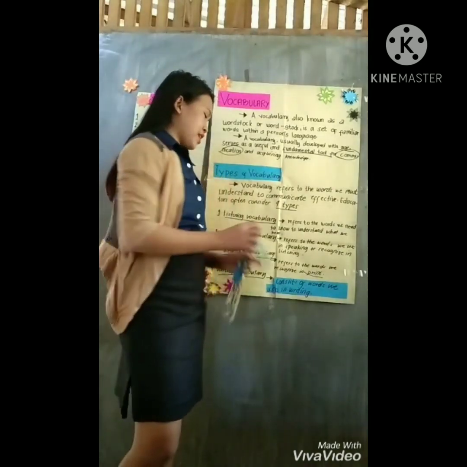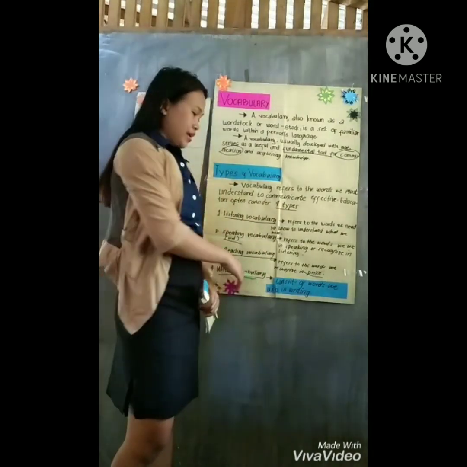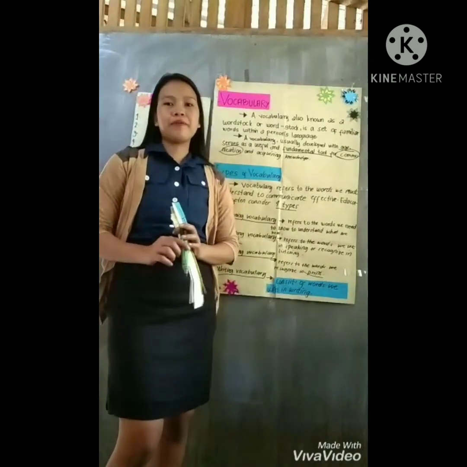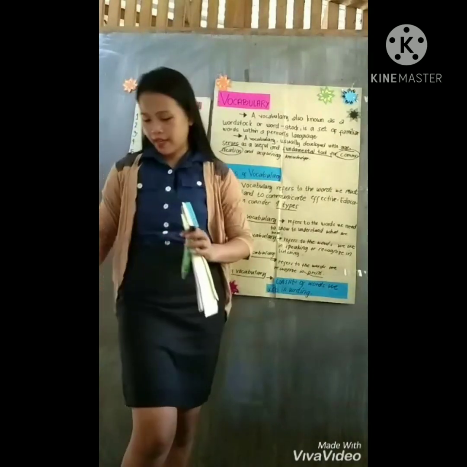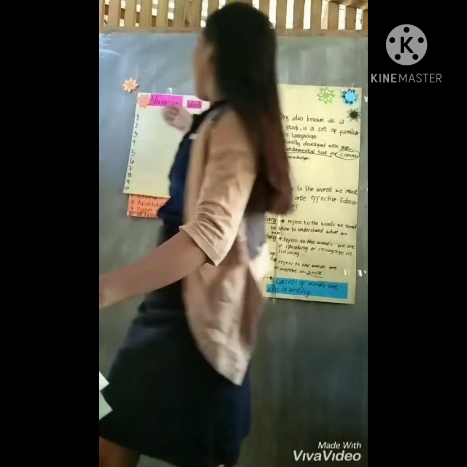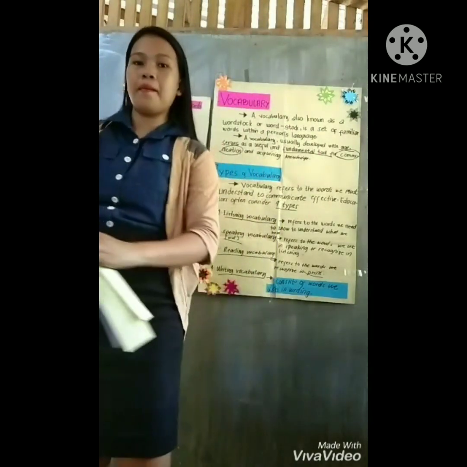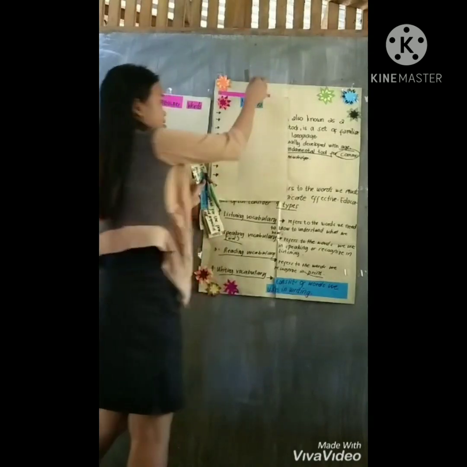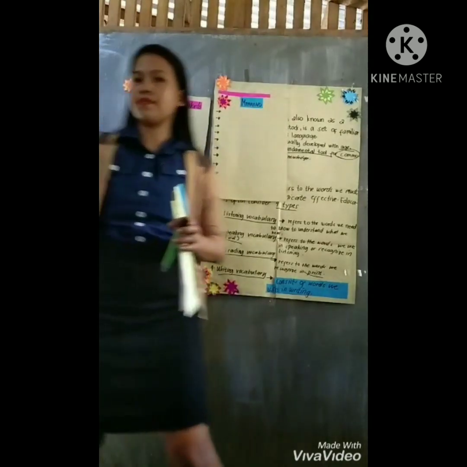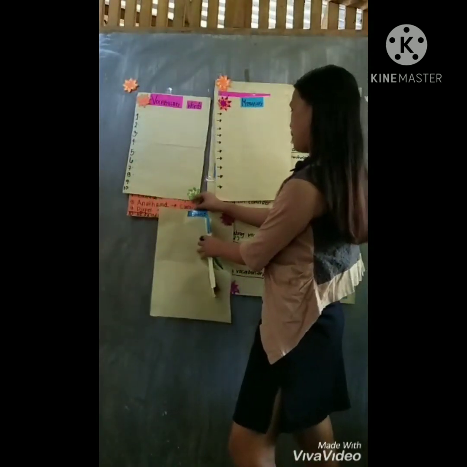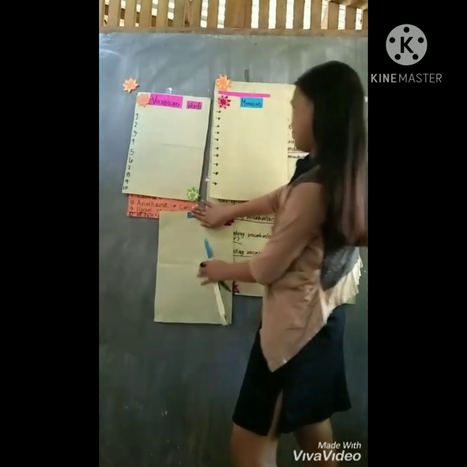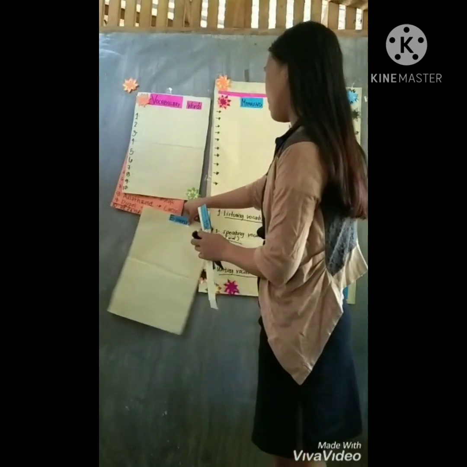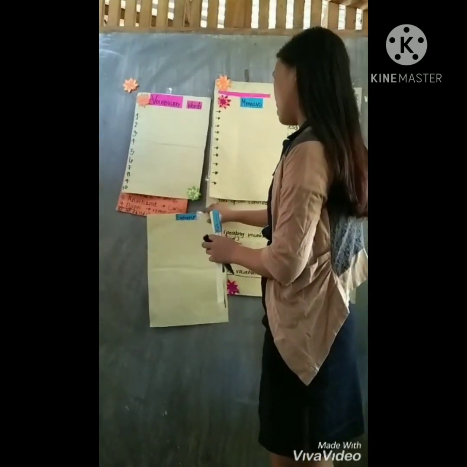And now let's proceed to the writing vocabulary, consisting of words we use in writing. I prepared the learning materials which are 10 vocabulary words, meaning, and example of the 10 vocabulary words.